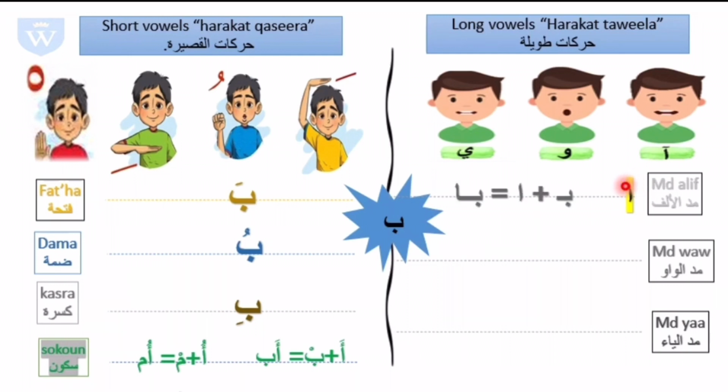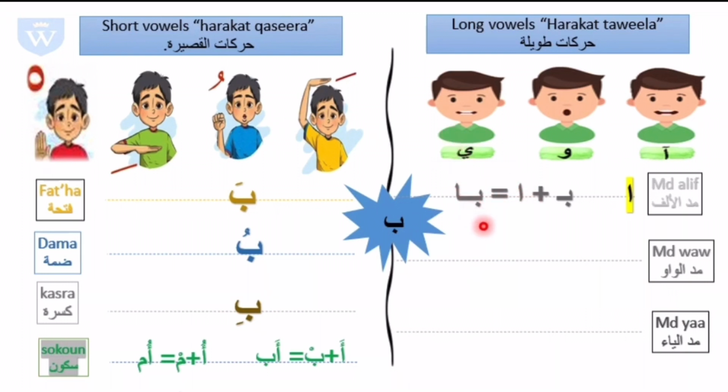So if we add b plus alif, we get ba. Here we just say it short, but here we will say it long. So the purpose of long vowels is to make the sound longer.